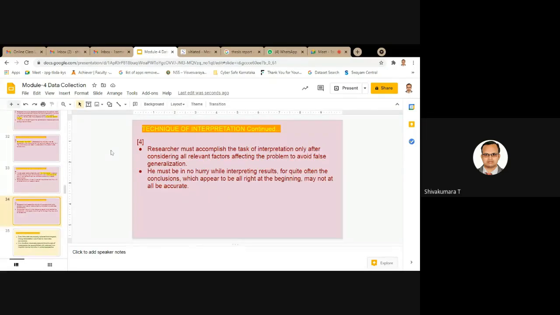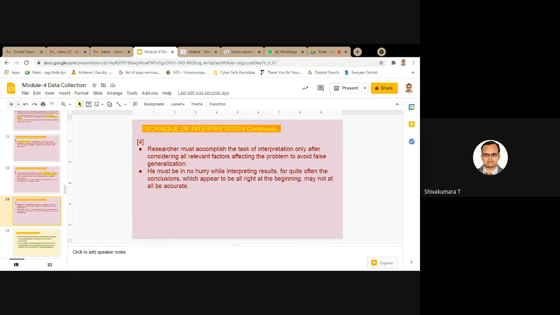The fourth technique of interpretation is that the researcher must accomplish the task of interpretation only after considering all relevant factors affecting the problem, to avoid false generalization. So as I said, in the interpretation task, you need to consider all the factors that are going to affect the problem which you identified.